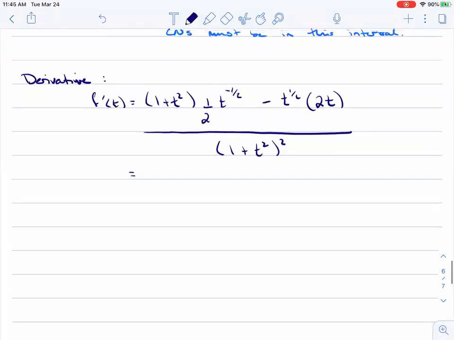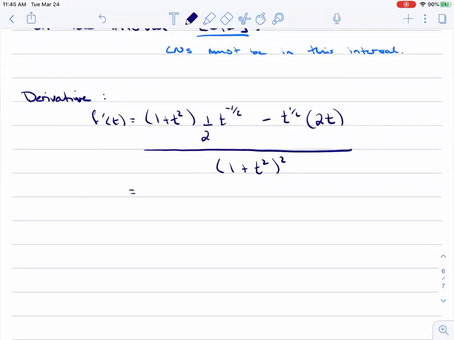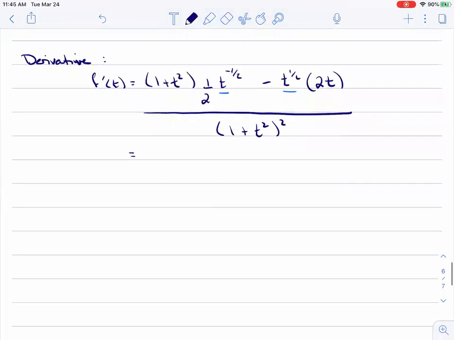All right, so what I'm going to do is factor out a common t to the negative 1/2. You have to be careful though, because we've got t to the negative 1/2 and t to the 1/2. So when we factor out a t to the negative 1/2, times 1/2 times 1 plus t squared, minus t to the 1/2 minus negative 1/2, right?